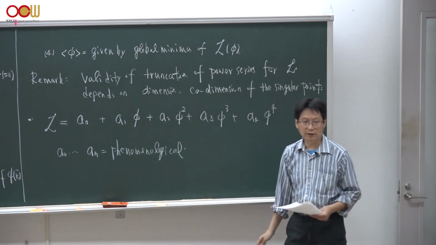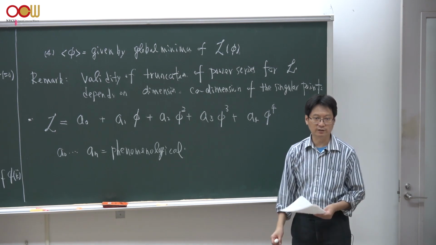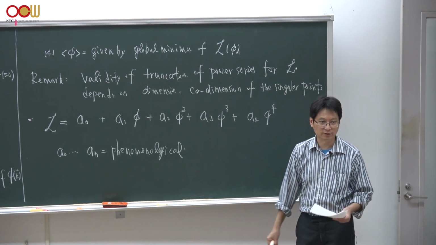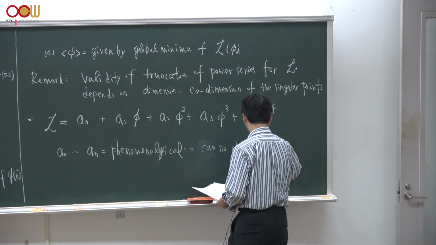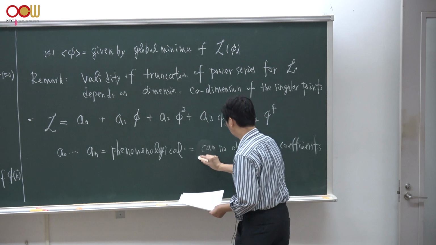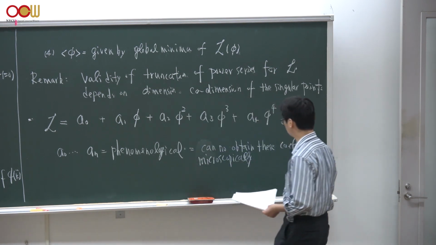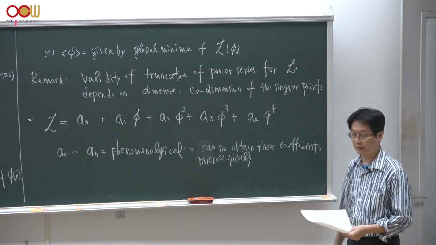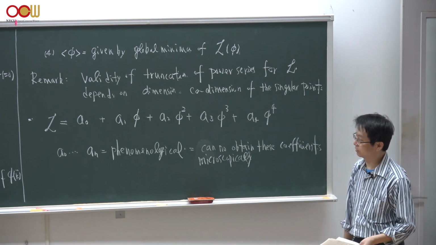Meaning there's no way that we could compute these coefficients exactly, analytically or numerically. It's just that we cannot obtain these coefficients microscopically, or at least it is very difficult to obtain such coefficients in a microscopic model. And that's why we call this a phenomenological theory.